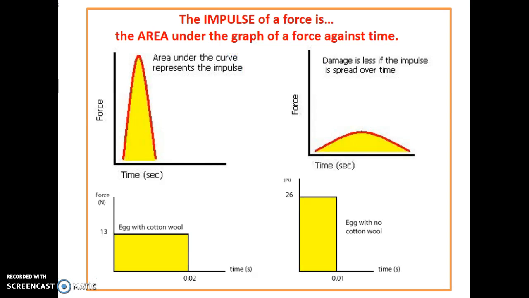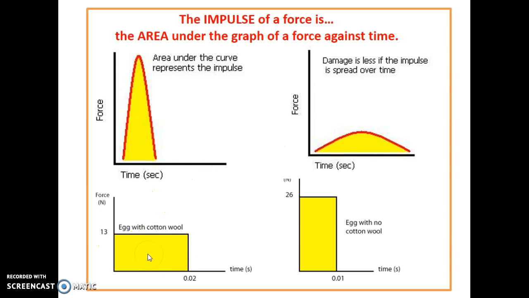So just to represent this graphically, if the force is large over a small period of time, then the impulse is going to be large. So force times change in time. Yet if the force is small over a long period of time, then the impulse is less and the damage is less, because the impulse of the force is spread over time.